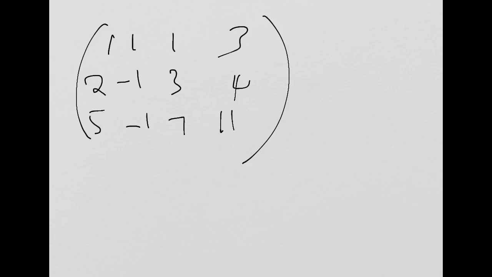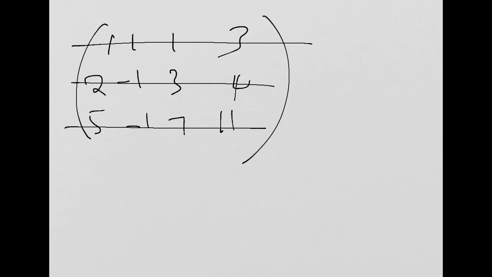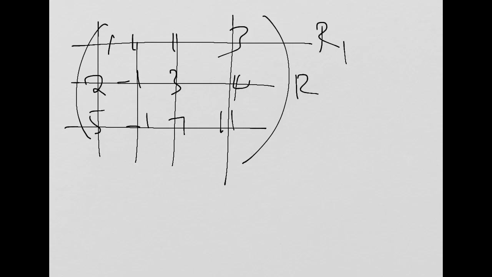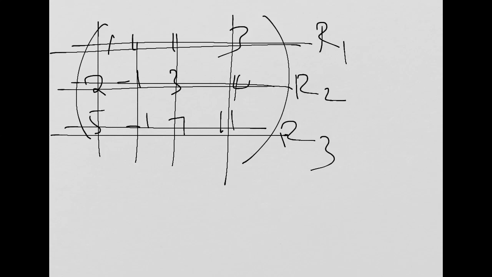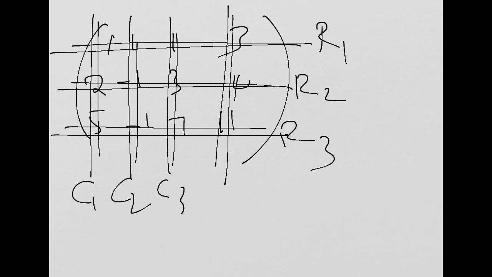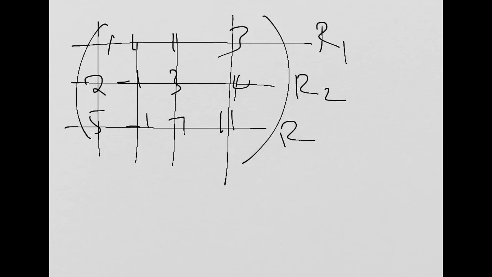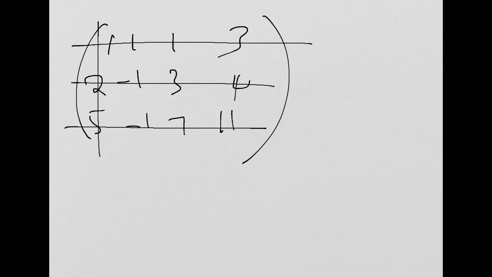Know that this matrix has got 3 rows and 4 columns. We call this row 1, row 2, row 3, and column 1, column 2, column 3, column 4.